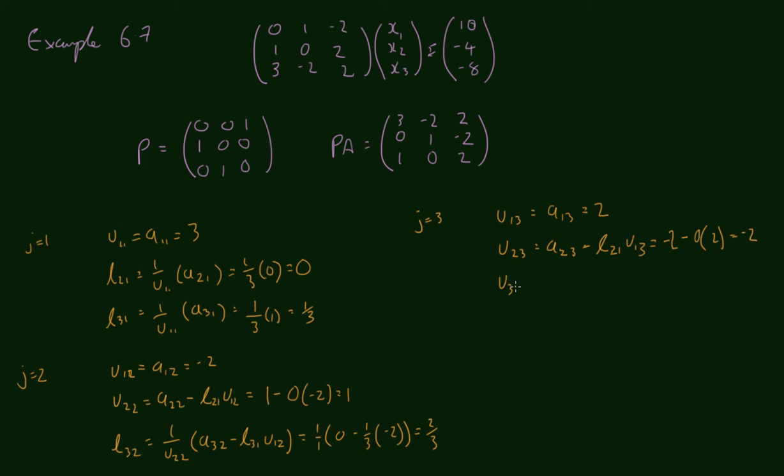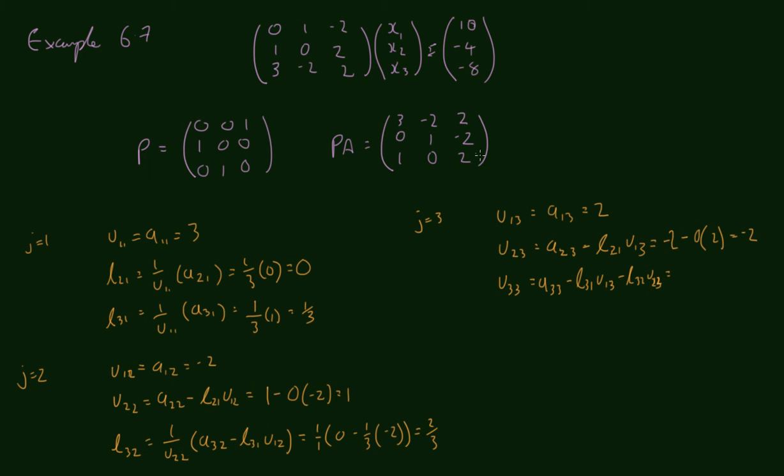And finally, U33 is A33 minus L31 U13 minus L32 U23.